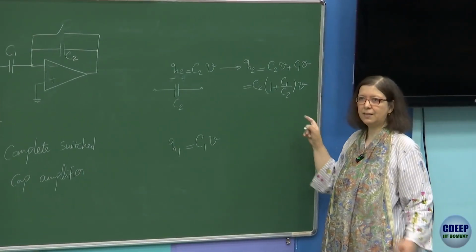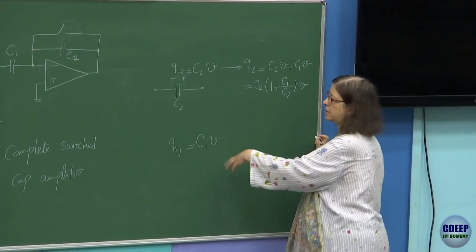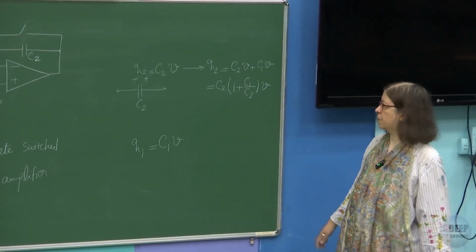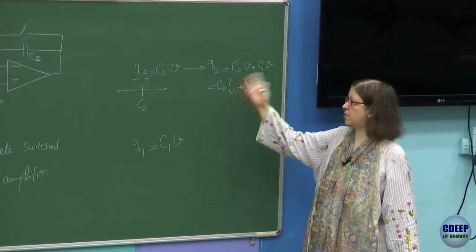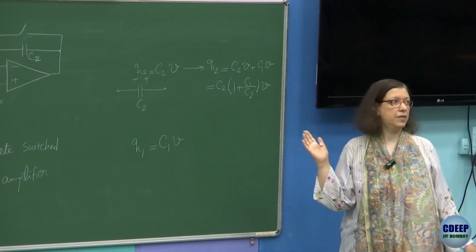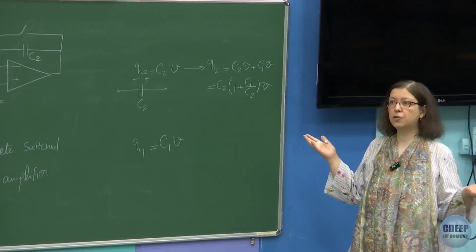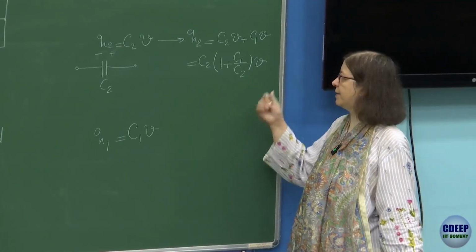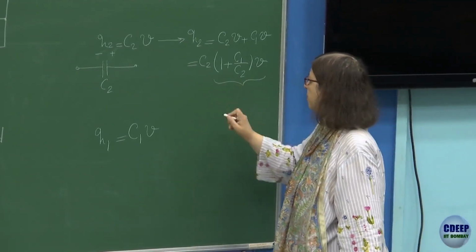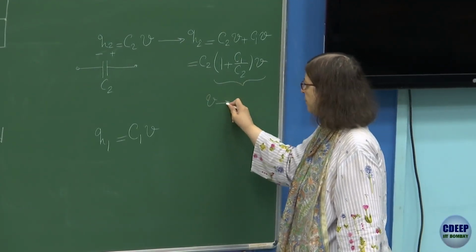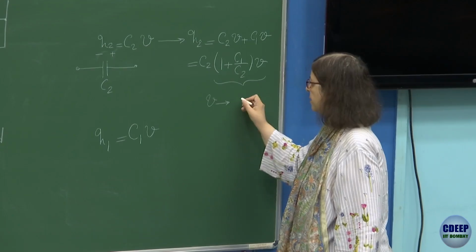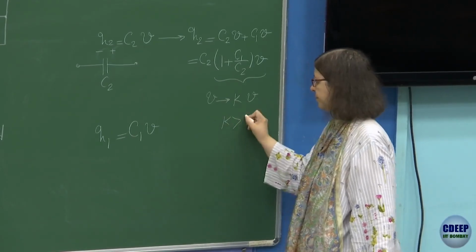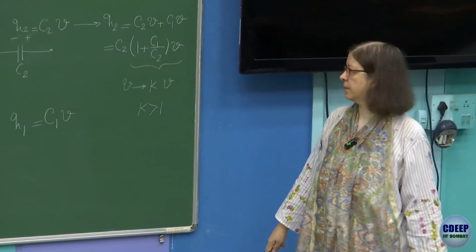So in discrete time, the basic principle is this way. This is one of the ways, of course. So effectively, we charge a capacitor, discharge it on another capacitor with a similar polarity. So we are increasing the charge across the same initial capacitor. So now we have amplified V to a gain of, for example, K times V when K is more than 1.